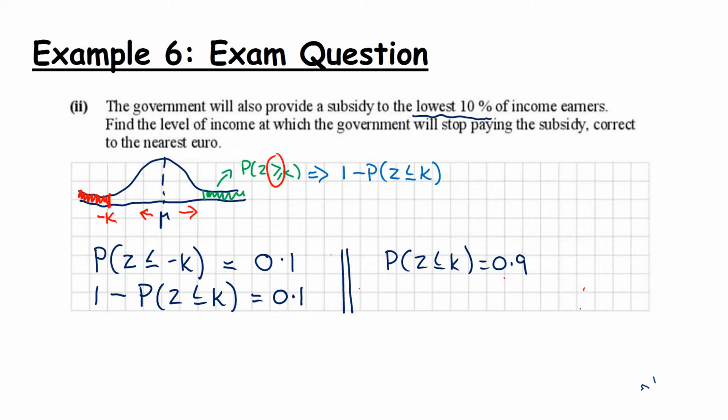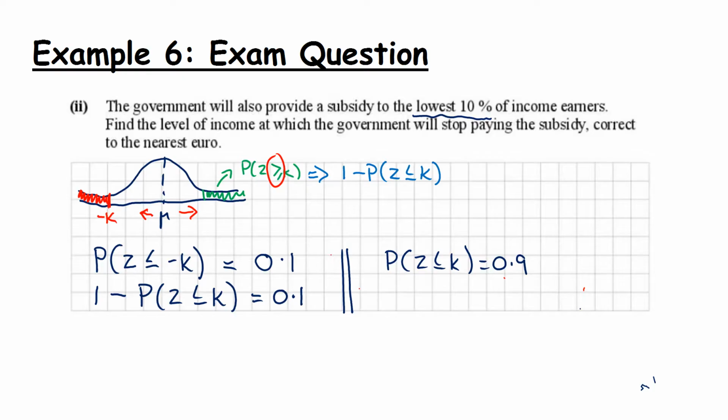Now, that value doesn't appear exactly in the tables, but if you go to your tables and look up 1.28 and 1.29, you'll hopefully see that 0.9 sits somewhere in between those two values. So 1.28 is 0.8997. 1.29 is 0.9015.